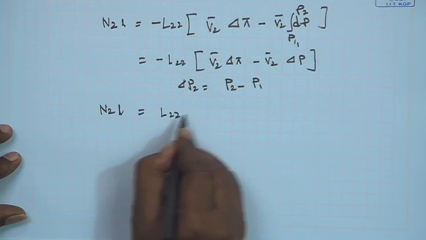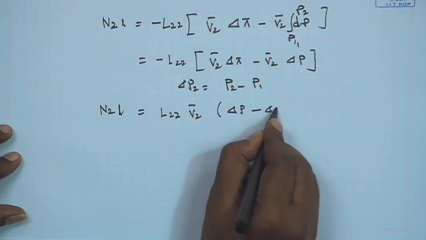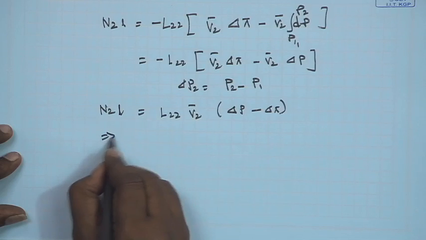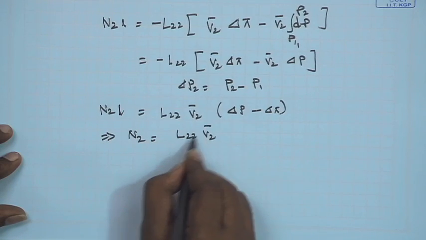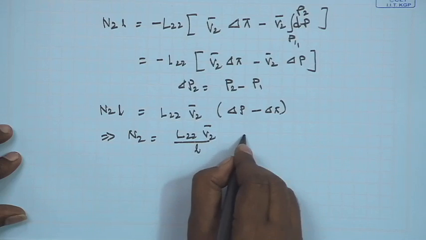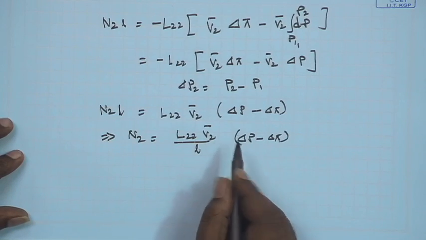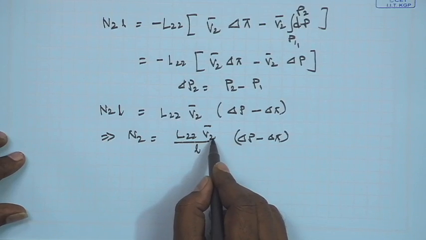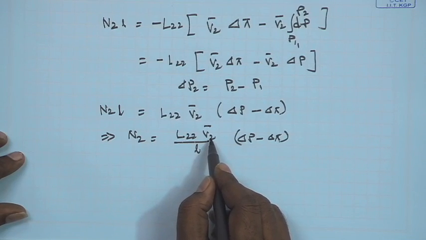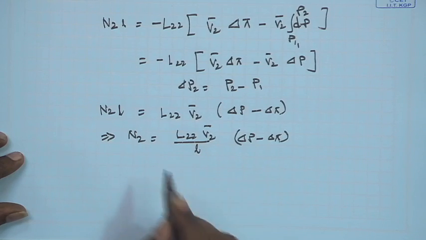So, this becomes N2 is equal to L2 to V2 bar divided by L times delta p minus delta pi. Now, L2 is a constant, V2 bar is a constant because it is the molar volume of the solvent, and for a particular membrane, thickness is constant.